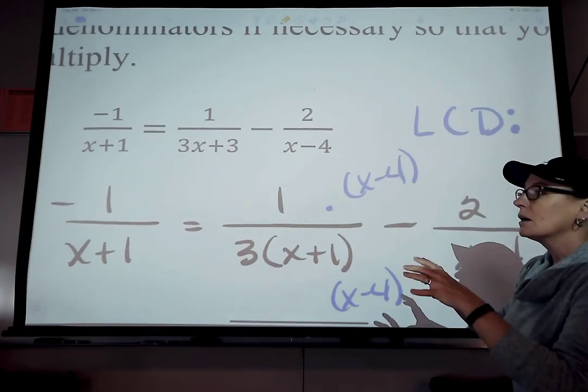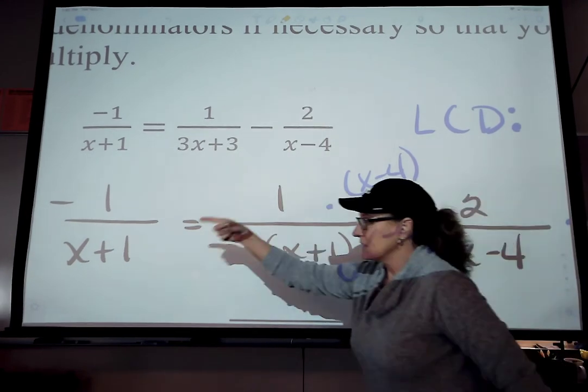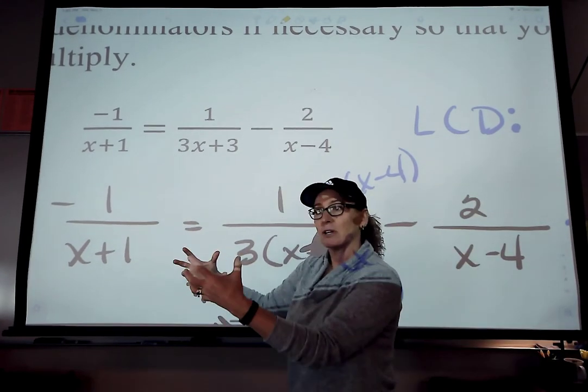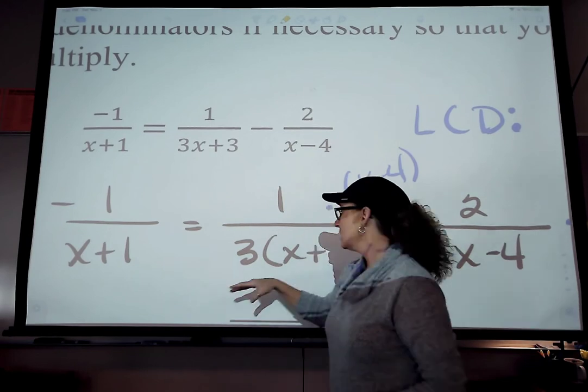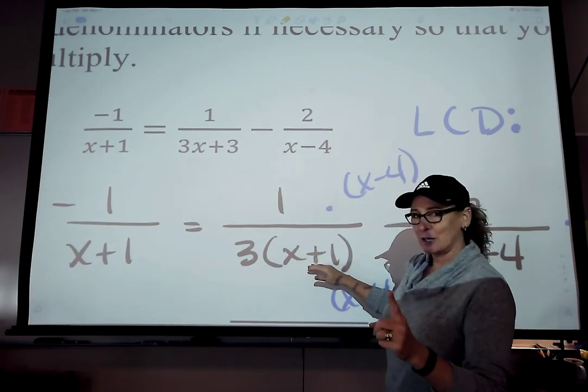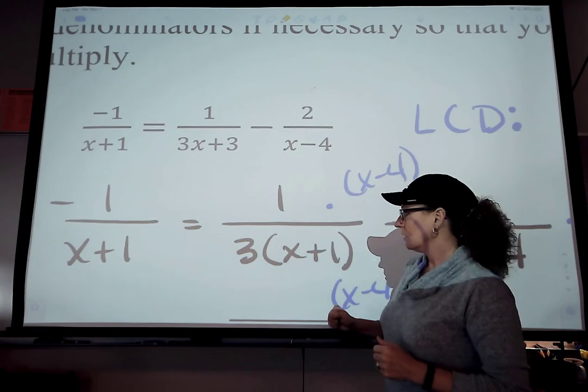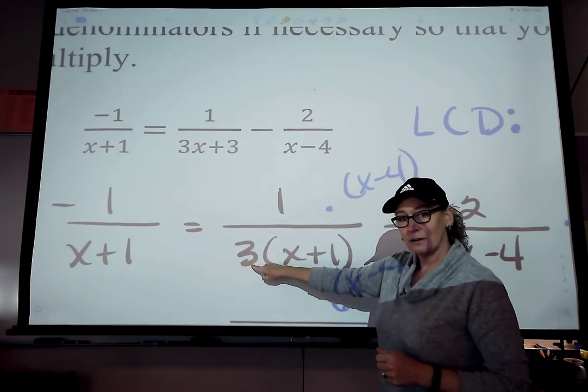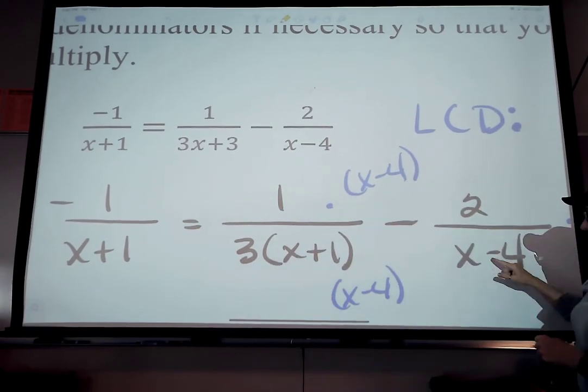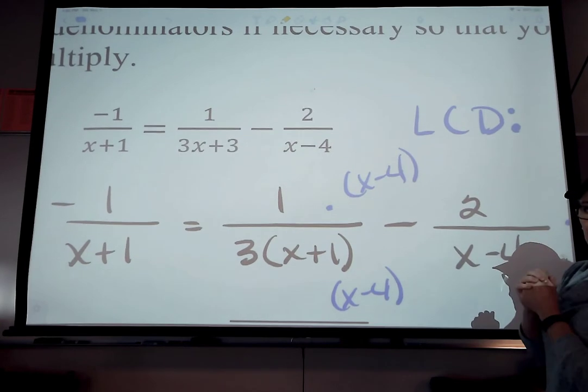Okay? Common denominator. This denominator has a binomial of x plus 1. This denominator has a binomial of x plus 1. Okay, so they already have something in common. Woohoo! But it also has a 3. This denominator has a binomial of x minus 4.